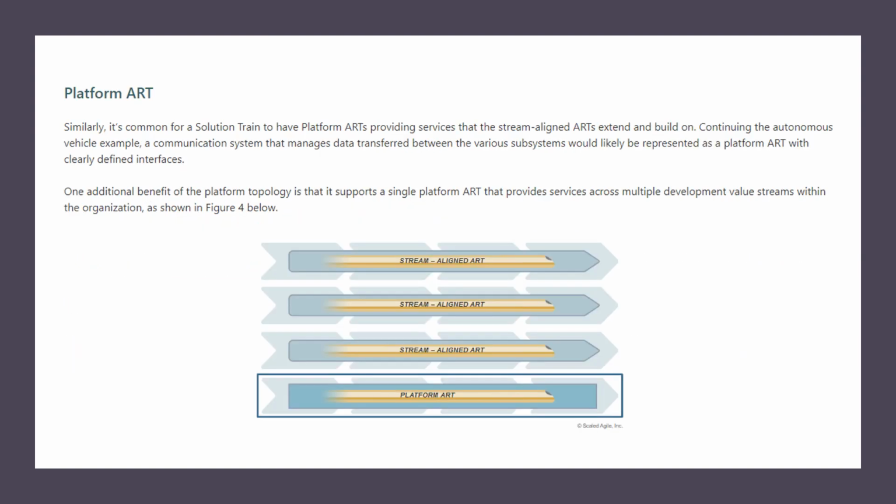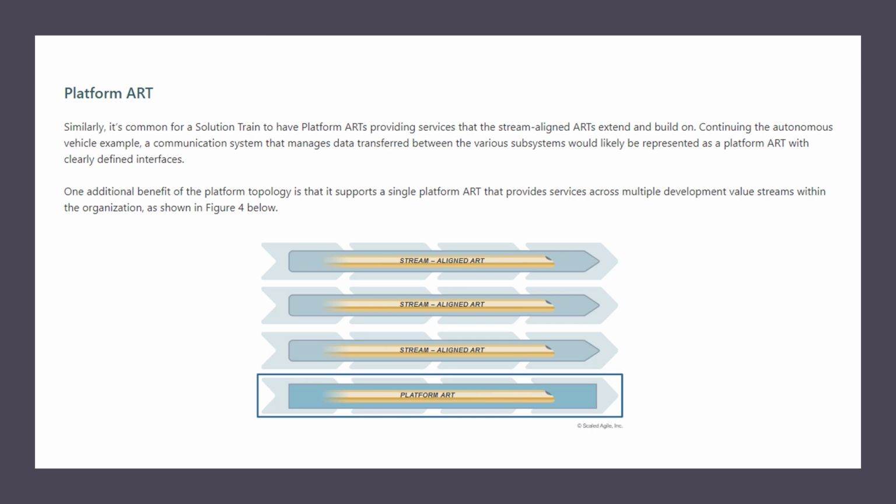Platform ART. Similarly, it's common for a solution train to have platform ARTs, providing services that the stream-aligned ARTs extend and build on. Continuing the autonomous vehicle example, a communication system that manages data transferred between the various subsystems would likely be represented as a platform ART with clearly defined interfaces.